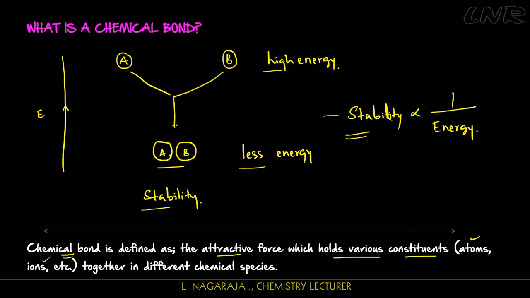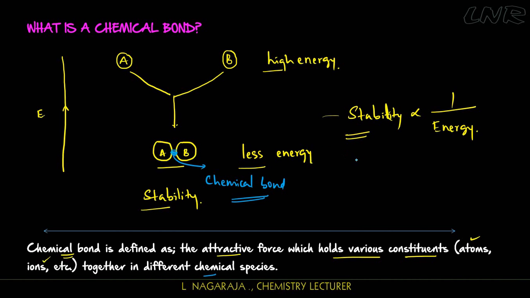Between the atoms of A and B there is a certain force of attraction. That force of attraction is called a chemical bond. Very simple concept. A chemical bond is nothing but a force of attraction that holds the constituents together in a chemical species.